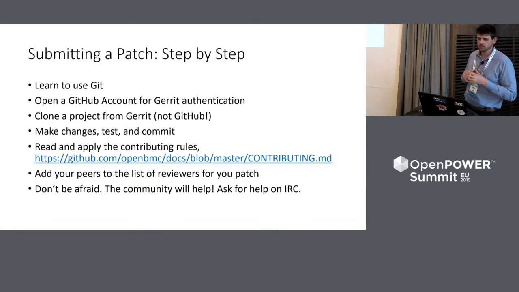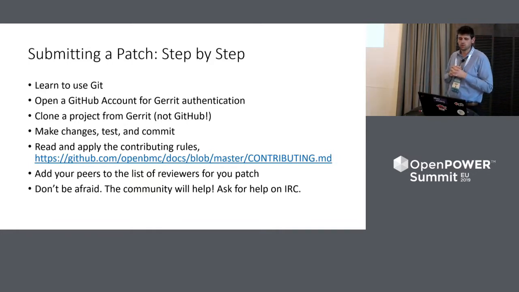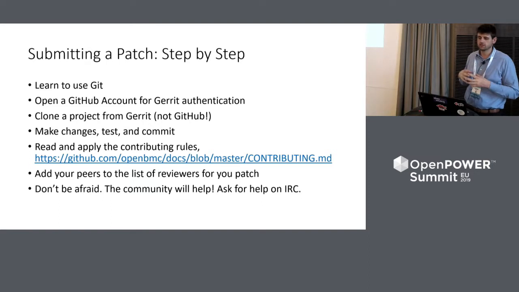This is a step-by-step for submitting a patch to OpenBMC. First, open a GitHub account. You need it for Gerrit authorization. Clone the project from Gerrit, make changes, test, commit, read the contributing document, and don't be afraid to ask for help.